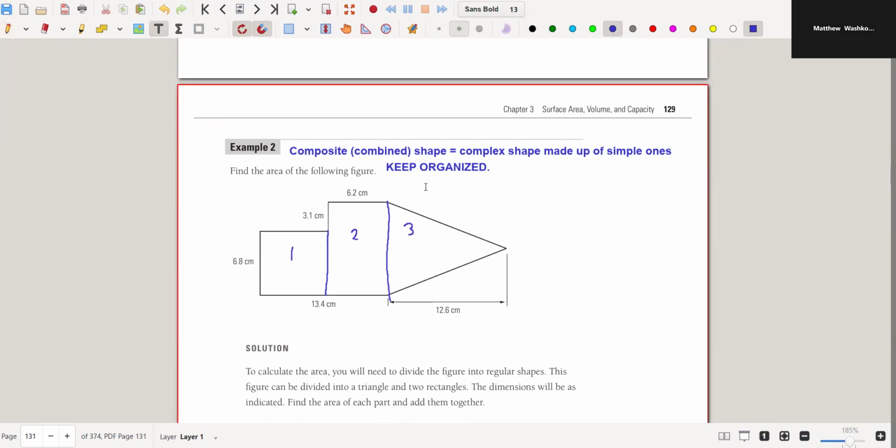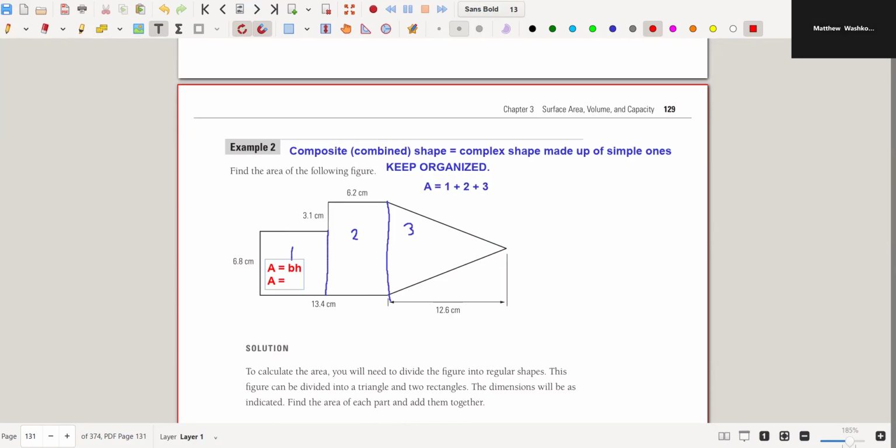So keep organized. What do I mean by that? Well, the area is equal to the area of 1 plus 2 plus 3. So what's my area of shape 1? Well, this is a rectangle, so it's area equals base times height. So A equals base times height.